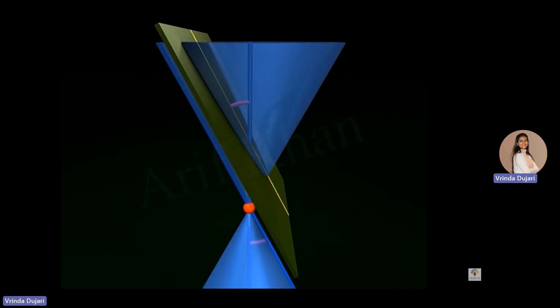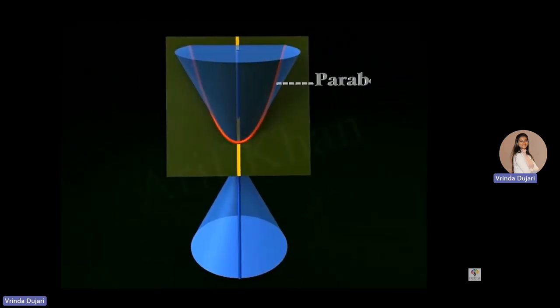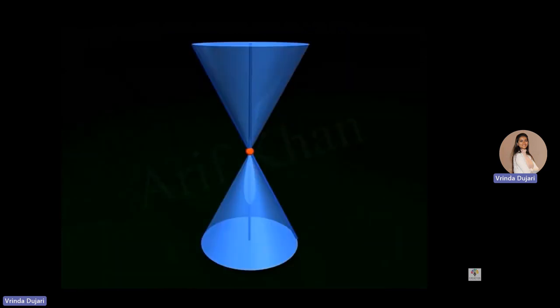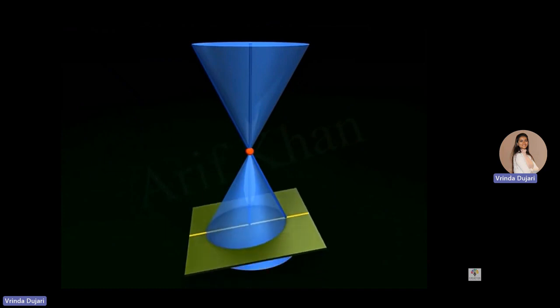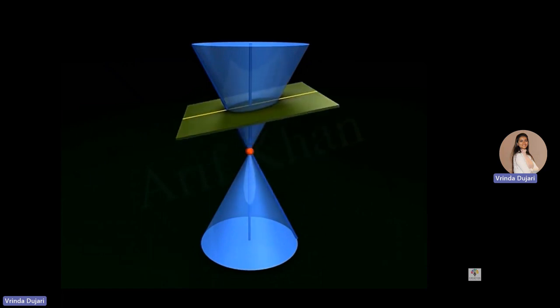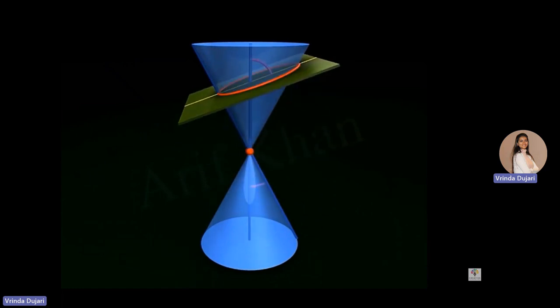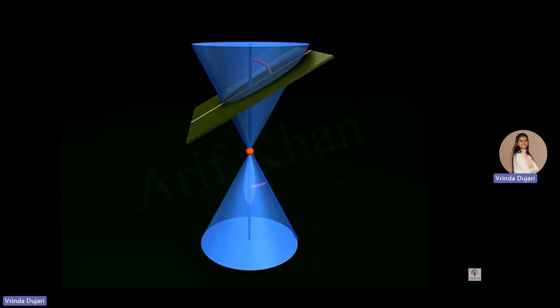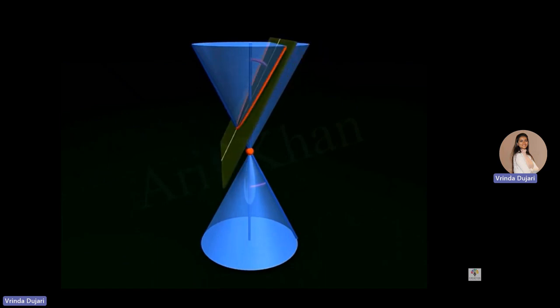When the angle made by the plane to the vertical axis is exactly equal to the vertex angle, we get an open curve called a parabola at the intersecting surface of the cone. Hyperbola. The plane intersects only one nap of the double right circular cone as long as the angle between the plane and the vertical axis is greater than or equal to the vertex angle.